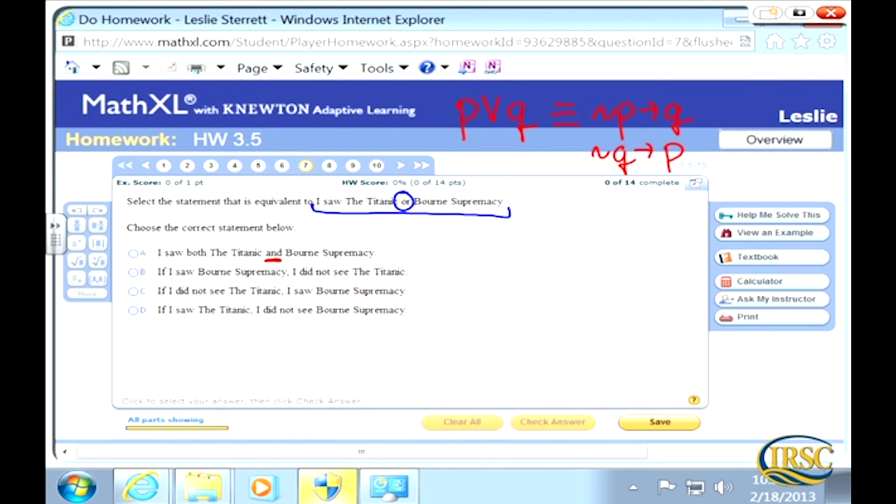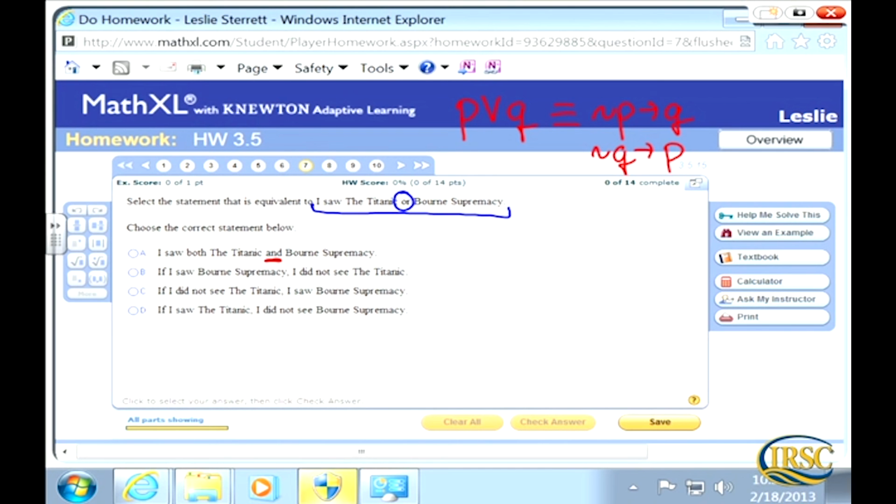If I saw Bourne Supremacy, then I did not see the Titanic. Not necessarily, because you could have seen one or the other or both. So just because you saw one doesn't mean you didn't see the other.